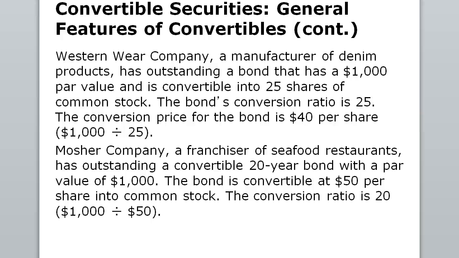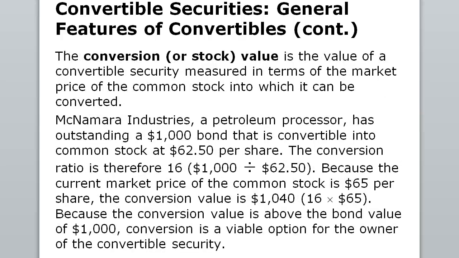Another company, a franchisor of seafood restaurants, has outstanding convertibles, a 20-year bond with a par value of $1,000. The bond is convertible at $50 per share of common stock, so the conversion ratio here would be 20. Now, the conversion or stock value is the value of the convertible security measured in terms of the market price of the common stock into which it can be converted.